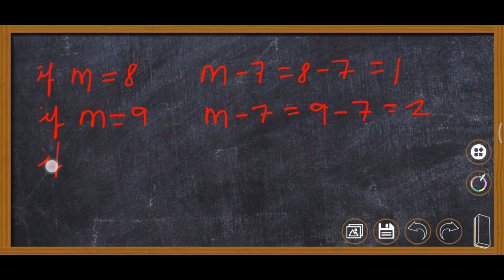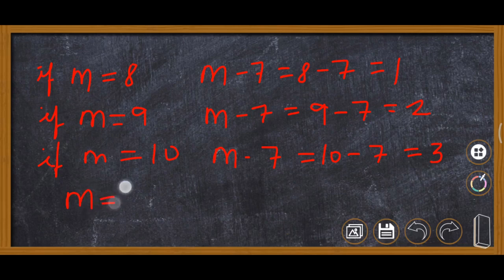If m equal 10, then m minus 7 is 10 minus 7, and it is equals to 3. Now here you can see that it satisfies the given equation. That's why m equals to 10 is the solution.